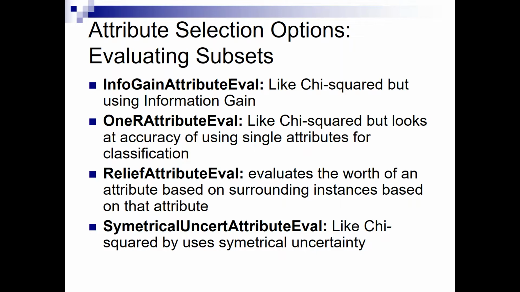Relief attribute eval is very much like the consistency subset eval. And then symmetrical uncertainty is very much like information gain, 1R, etc. Now we're back to filter method approaches, and it uses a metric called symmetrical uncertainty.